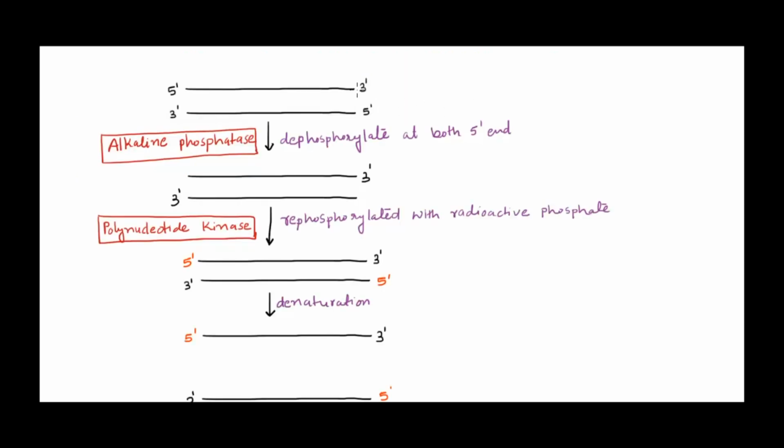Now, before we start with the procedure, there are 2 points that we should understand. The first point is when we are going to read this DNA, we need to have a certain tag or labeling which would tell us that whatever sequence we are reading is from this particular tag.